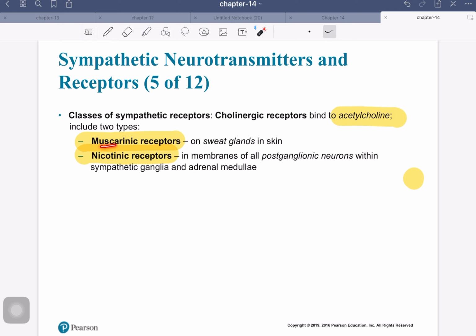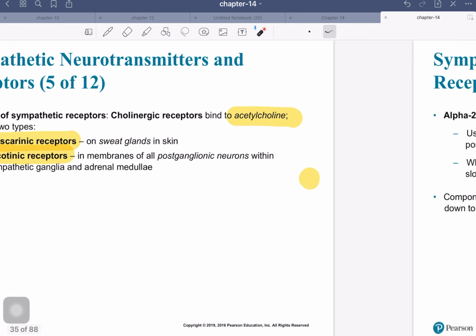So the muscarinic receptors we find in sweat glands in the skin, that's the predominant place, and for the nicotinic, in the membranes of all postganglionic neurons within the sympathetic ganglia and the adrenal medulla are really where we find those.